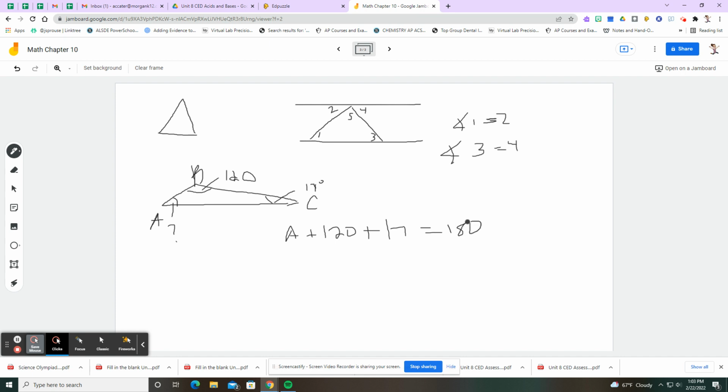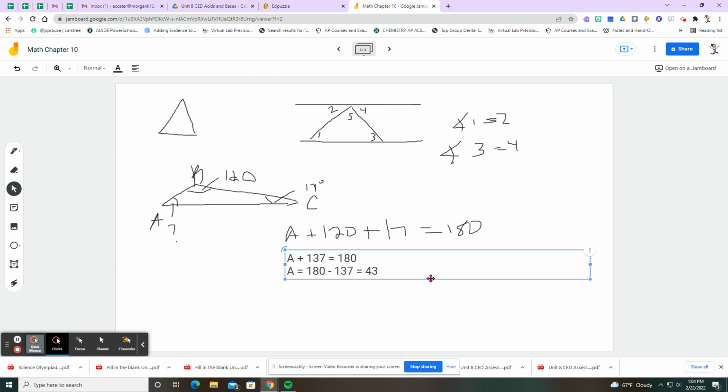Then I'm just going to solve for A. So A plus, and then I'm going to add 120 and 17, which is 137, equals 180. Then I'm just going to subtract 137 from both sides. So 180 minus 137 equals 43. All right, so that's our first example.